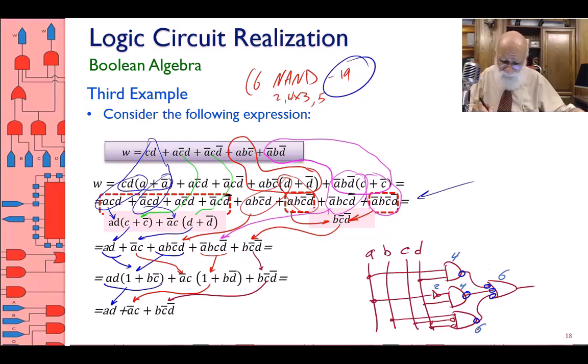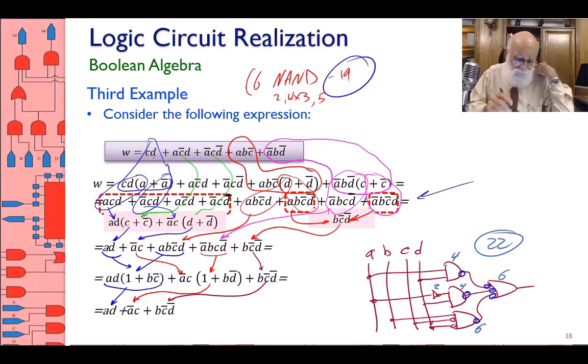So I have 12, 20, 22 transistors altogether. And with the inverter. Let me do this, and then you do that as an exercise.